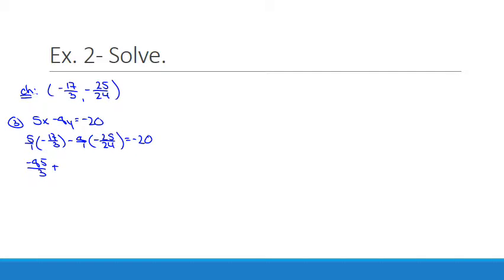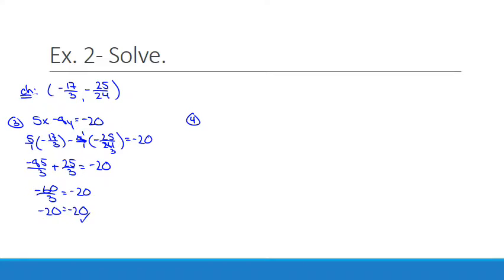This is now going to be a positive, and like I said before, I'm going to reduce this. So I get positive 25 over 3 equals negative 20. I lucked into some common denominators there. If I go negative 85 plus 25, I would get negative 60 over 3, and the right side is negative 20. That reduces to negative 20. So there we go, that point definitely works with that line.